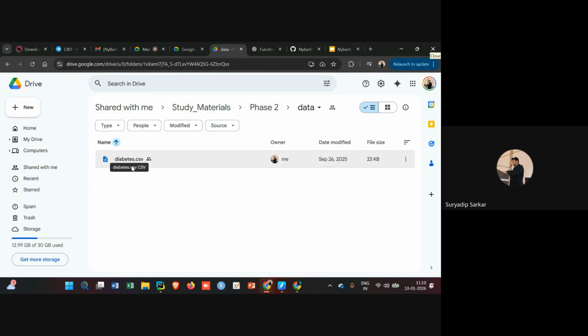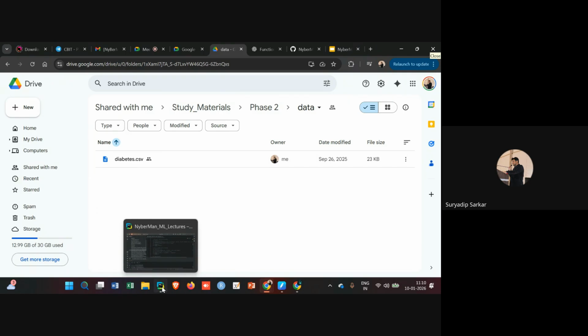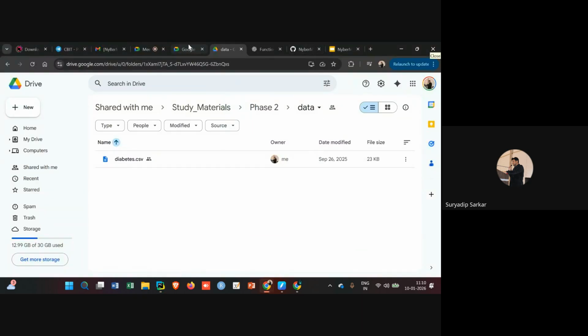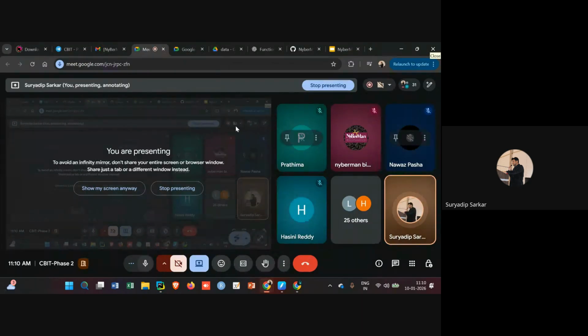You can place this anywhere, but just make sure you know the path where you are placing this file. Once you have done these two, go ahead and open PyCharm and open up the logistic regression script in front of you. Once you have done that, please give us a thumbs up here in the window.